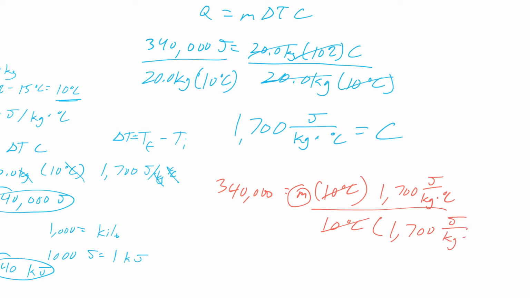I'm doing this all in one big step. You could do this in separate steps if you wanted to: divide by the 10 first, then divide by the 1,700.